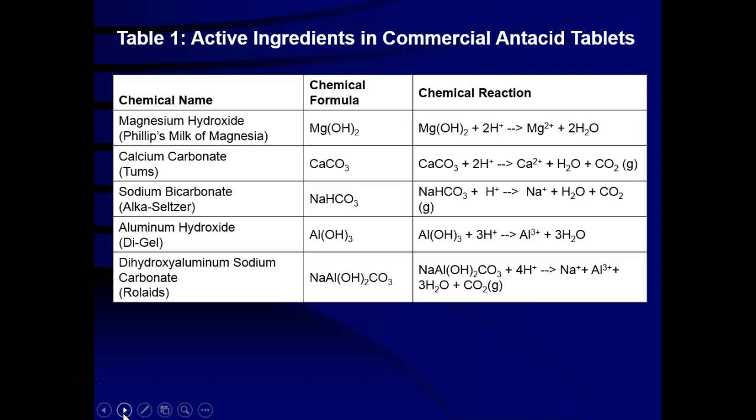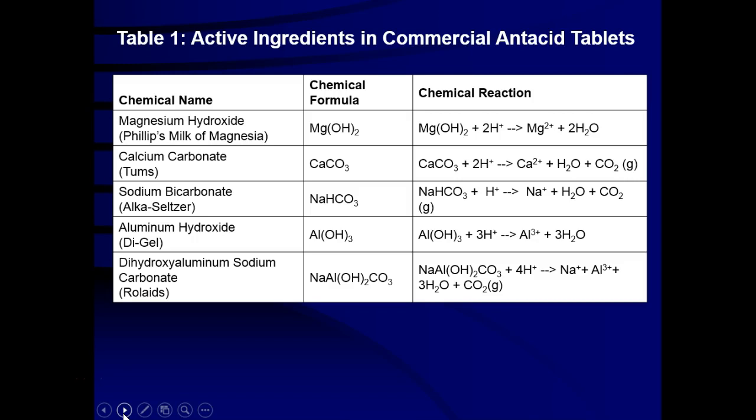Alka-Seltzer, which is another antacid, is sodium bicarbonate. And as you can see, the carbonate, which acts as a great little base, picks up the hydrogen ions and neutralizes them. Digel is a lot like milk of magnesia in that instead of magnesium, it has aluminum. So aluminum hydroxide, and of course the hydroxide picks up the hydrogens and makes water.